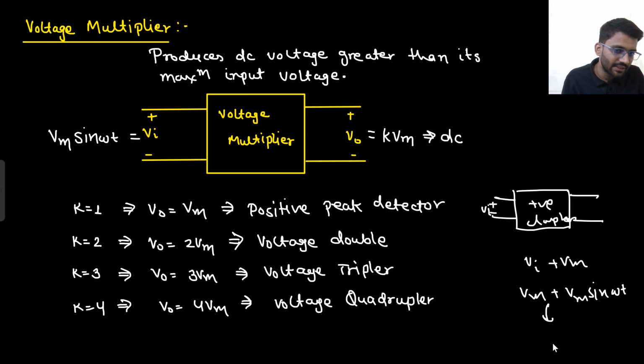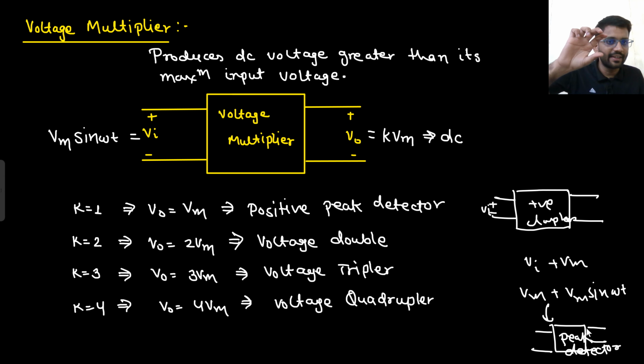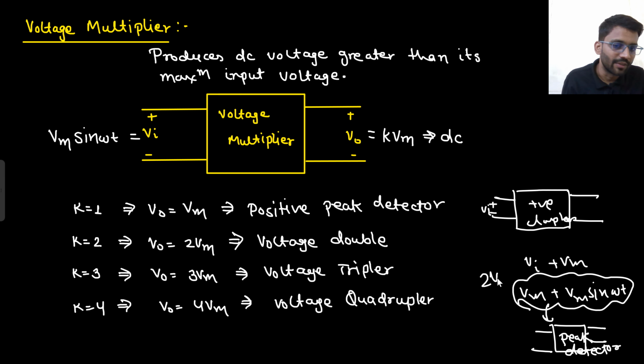Now if I give this output to the input of a peak detector, what does a positive peak detector do? It detects the positive peak value. What is the positive peak value of this signal? That is 2 Vm, right? So in the output I am having 2 Vm.